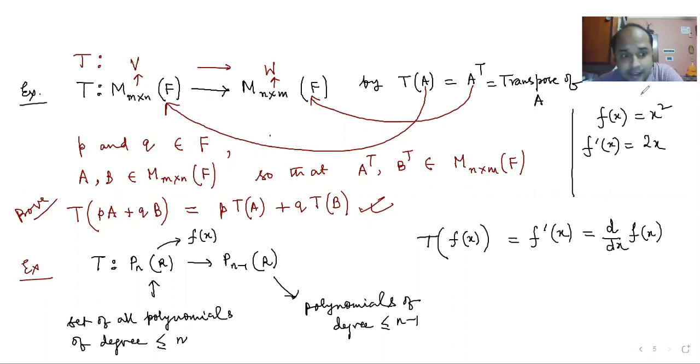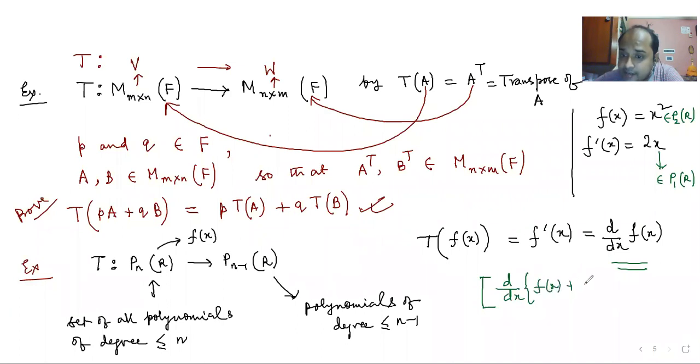So x squared is a member of P2 R, and this 2x is a member of P1 R. We have done lots of problems on this particular transformation, and probably we have written this kind of thing, d/dx of f of x plus g of x is equal to d/dx of f of x plus d/dx of g of x.